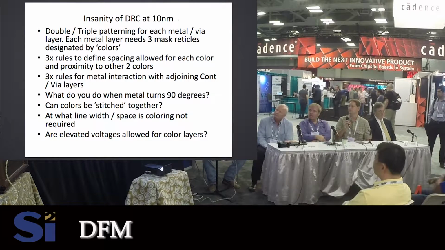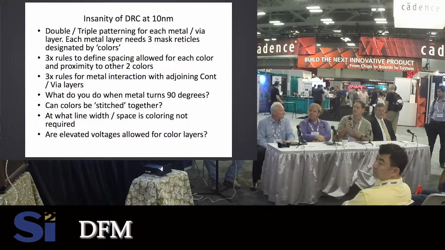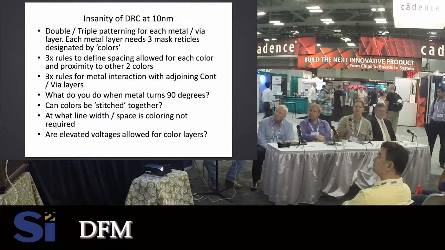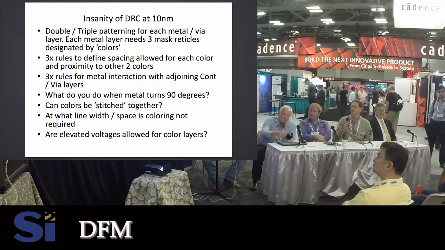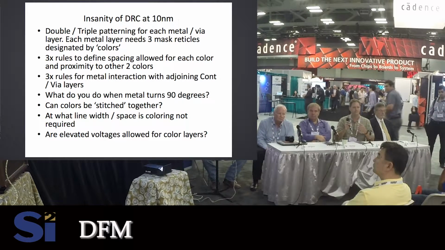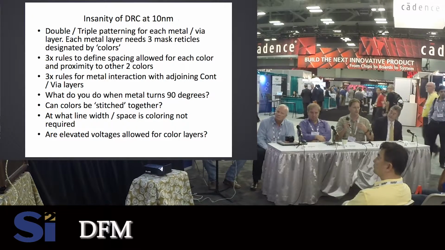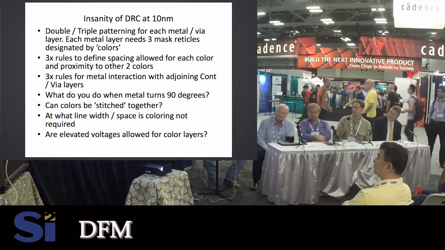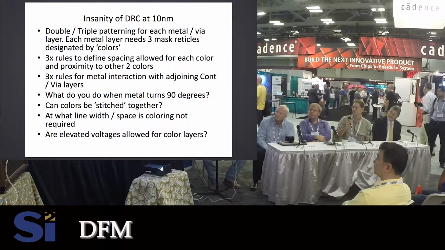So when we get, just like Raul was saying, with the insanity of the DRC checking at 10 nanometers, the double or triple patterning gives, for each metal and via layer, you need basically 3 mask reticles designated by colors. It's up relatively about 3 times more of the rules to define the spacing allowed for each color and the proximity to the other colors.